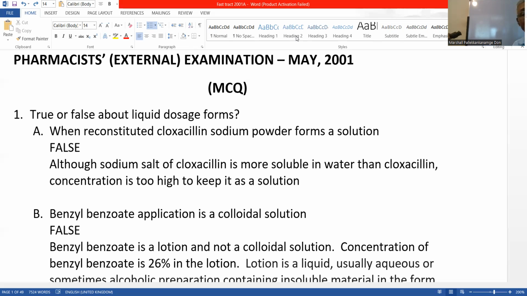B. Benzyl benzoate application is a colloidal solution. Right? Now, benzyl benzoate, that is false. Benzyl benzoate is a lotion. It is not a colloidal solution. First thing, the concentration of benzyl benzoate is 26% in the lotion. That is 26 grams in 100 ml of the lotion.